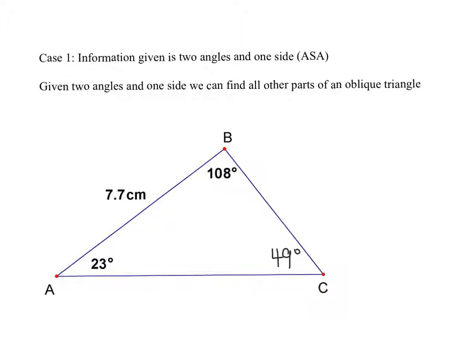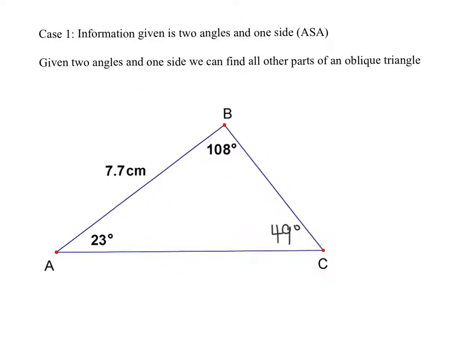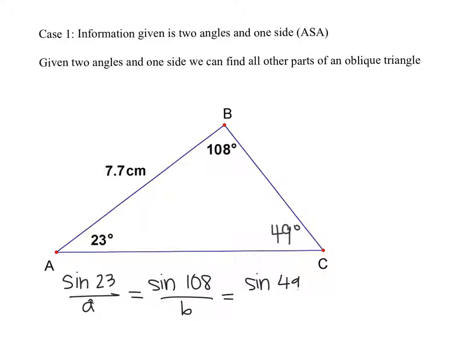Now we have all three angles and one side, so we can set up what we know in the formula for the law of sines. We know sine of 23 over side A equals sine of 108 over B equals sine of 49 over side C, which is given as 7.7.